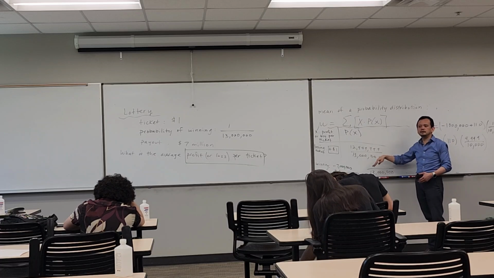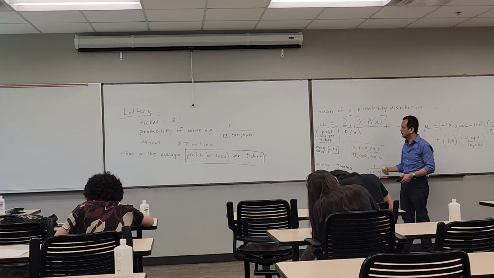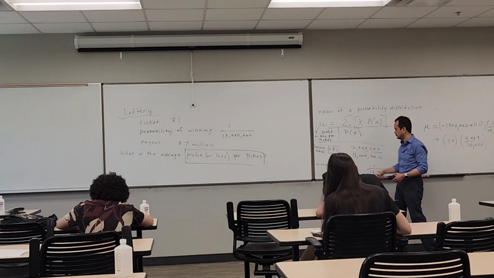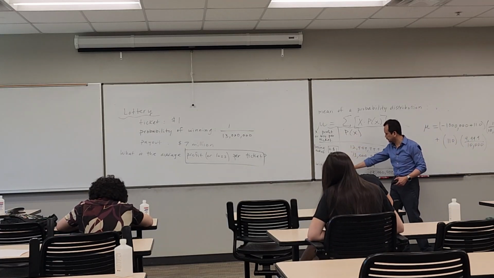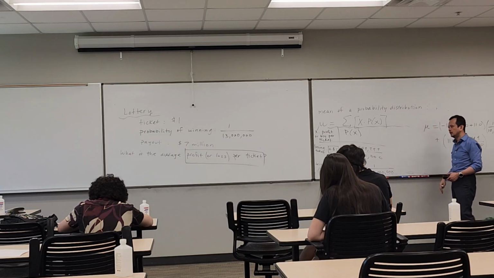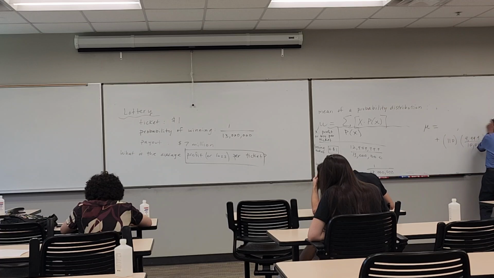So now that we have a probability distribution, we can find the mean of this variable, or the mean profit or loss per ticket. So go ahead and either enter these 2 columns in your calculator, or use this formula that we talked about. I already filled in the formula.